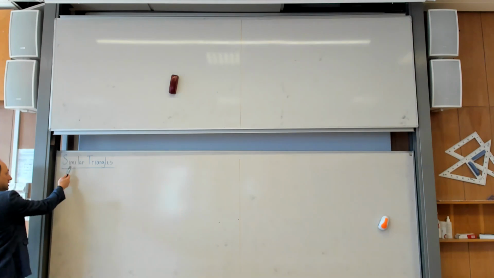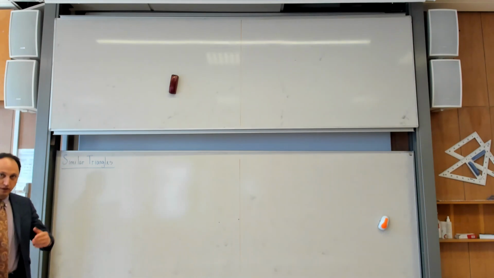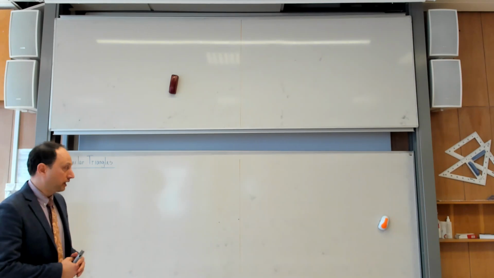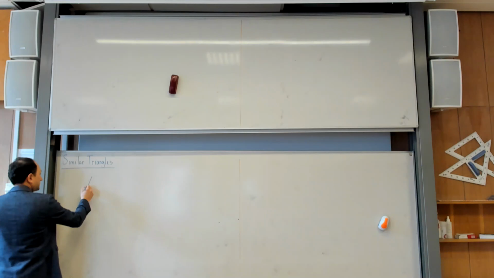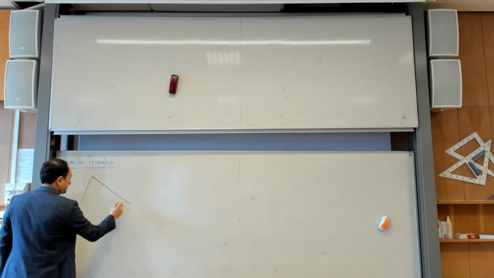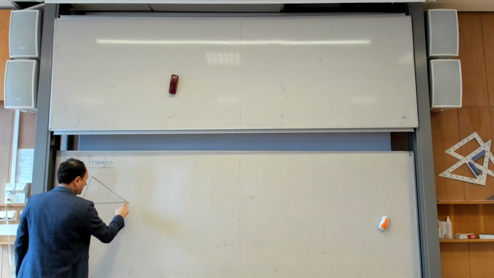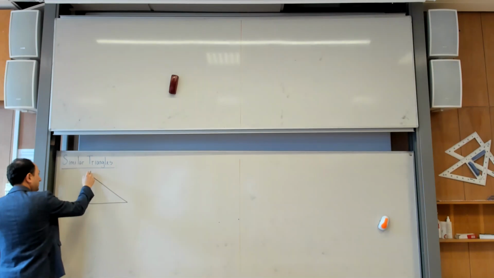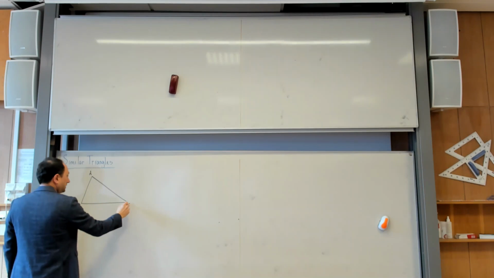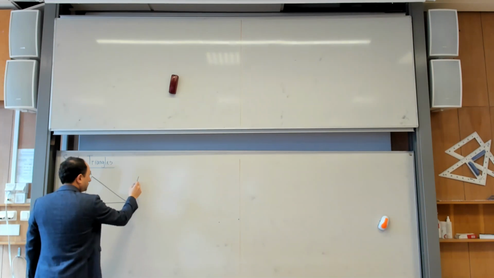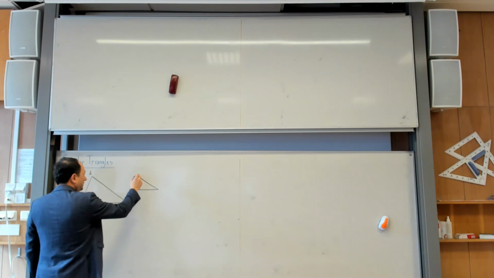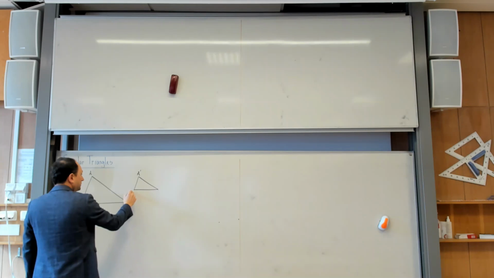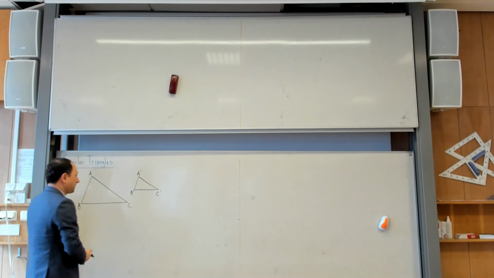So similar is different from identical, or what we learn later as congruent triangles. Similar means that if I have two triangles, for example, it's hard for me to draw them precisely, but I hope that I can give you the idea. So I have a triangle ABC, and I have another triangle, which is probably the smaller version of that triangle, so I will call it A prime, B prime, C prime.